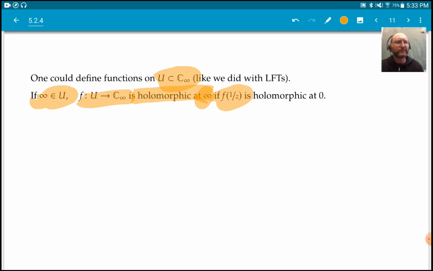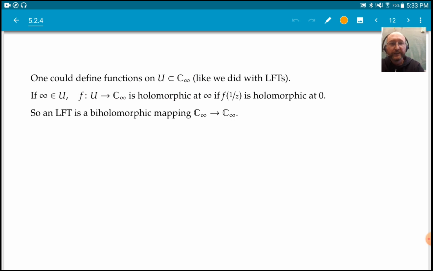So now we have a definition of what we mean by holomorphic on an open subset of C infinity. LFTs by this definition, and we actually did that before, are biholomorphic mappings, because LFTs are holomorphic in this setting, and their inverses are LFTs.